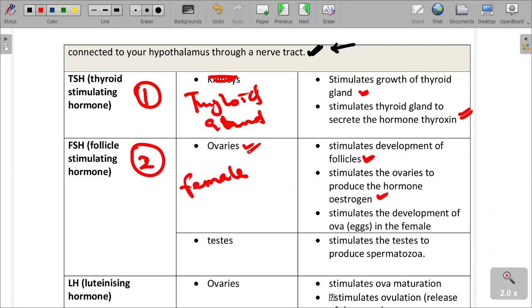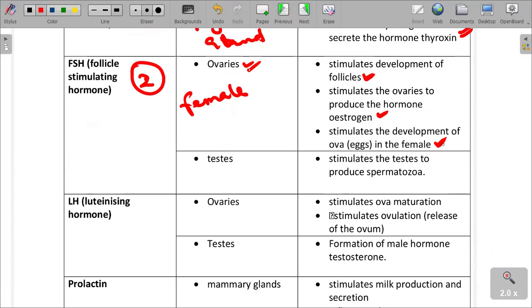It further stimulates the development of eggs in the female. That is how the ovaries are targeted by the follicle stimulating hormone.